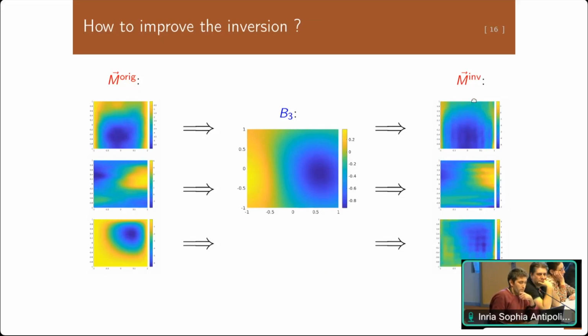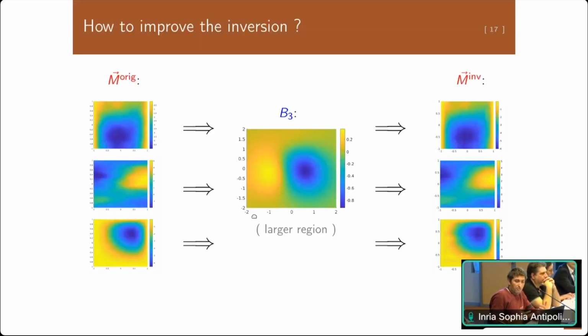And now we ask ourselves, well, how can we improve that? Note that here we have measurements of the field over the square minus 1 to 1, minus 1 to 1. It's a fairly small square.